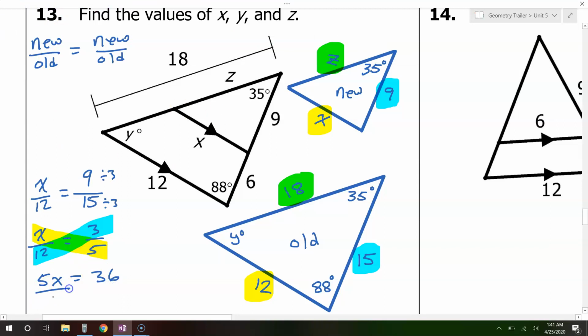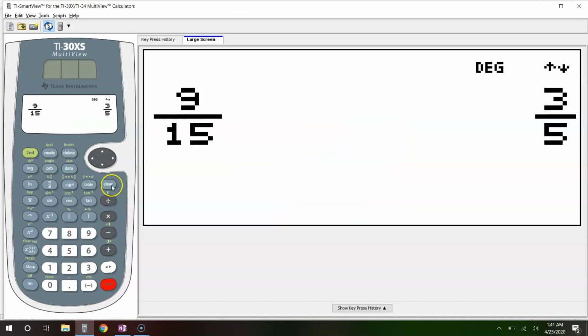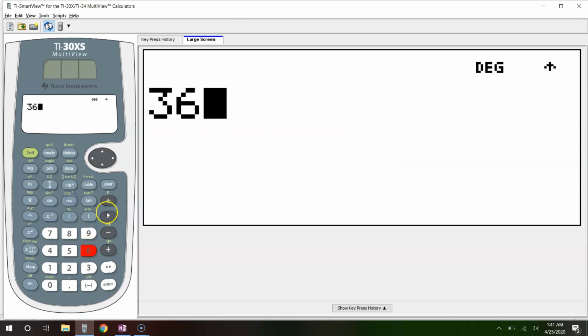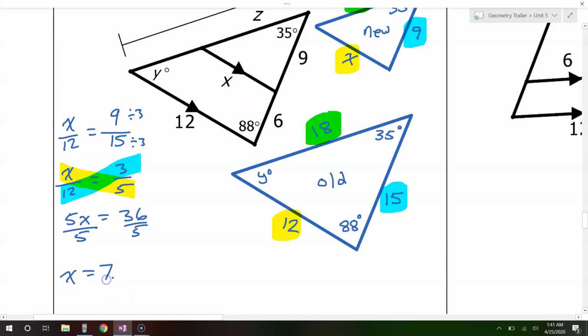And then I need to divide both sides by 5. All right, which is going to give me a decimal, which is okay. x equals 7.2. All right, so we found x.